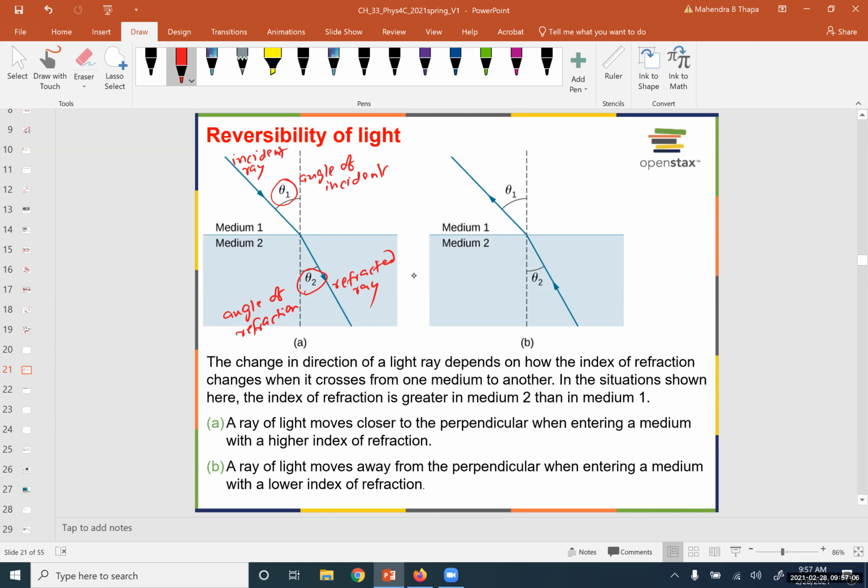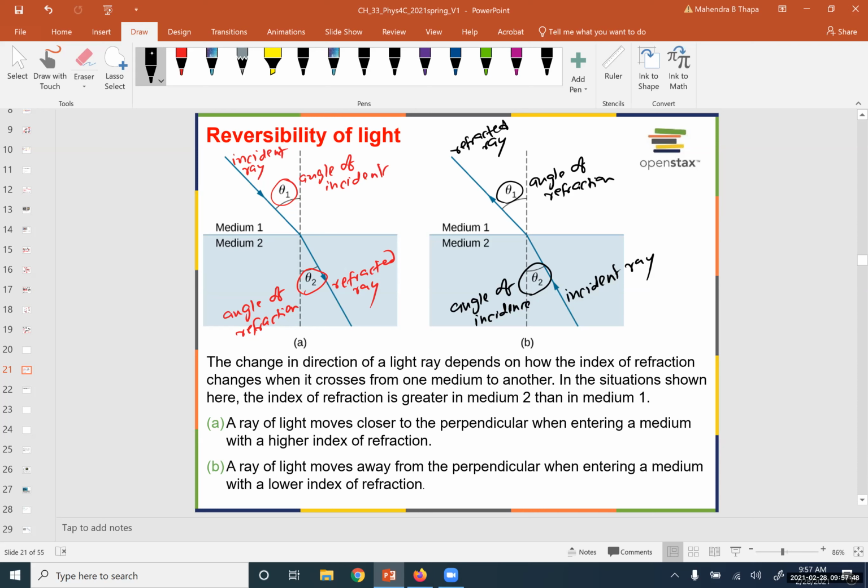In the other way around, instead of passing the light from medium 1 to medium 2, we pass the light from medium 2 to medium 1. In this scenario, this will be the incident ray and this will be the refracted ray. Now θ2 will be the angle of incidence and θ1 will be the angle of refraction.